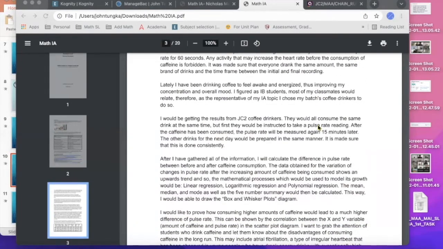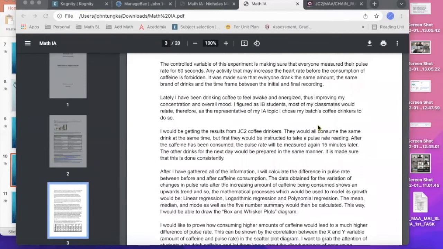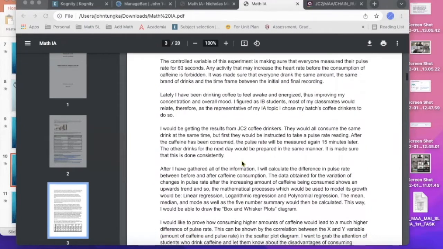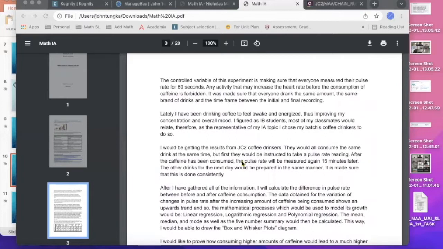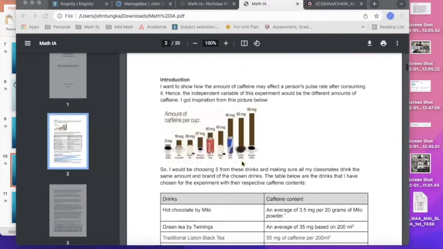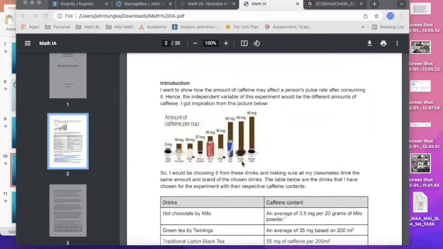Have you included your rationale? Yes. Okay, can you take me down to the rationale? Is it this one here? Yes. Okay, can you structure it so that it is easier to locate? So put background and connect to the rationale.